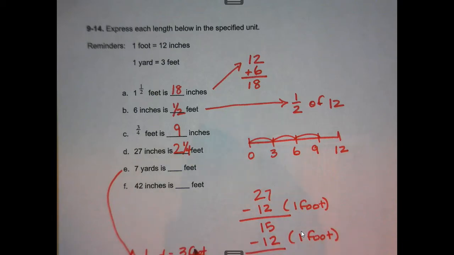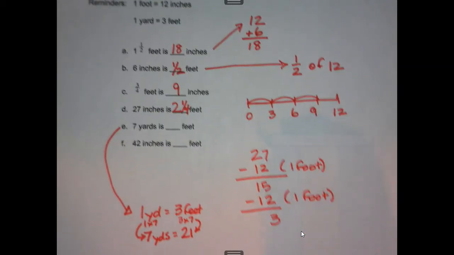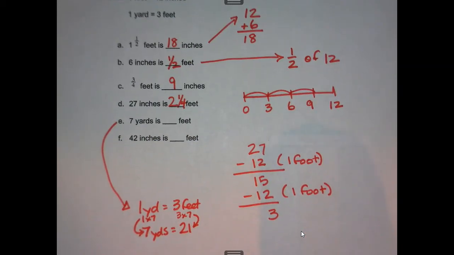If I multiply 3 times 7, I get 3 times 7 is 21. Now, if I wanted to show my work, I would do 3 times 7, 1 times 7, and that kind of shows you how my work would set up. So 1 times 7 gives me 7 yards, 3 times 7 gives me 21 feet.